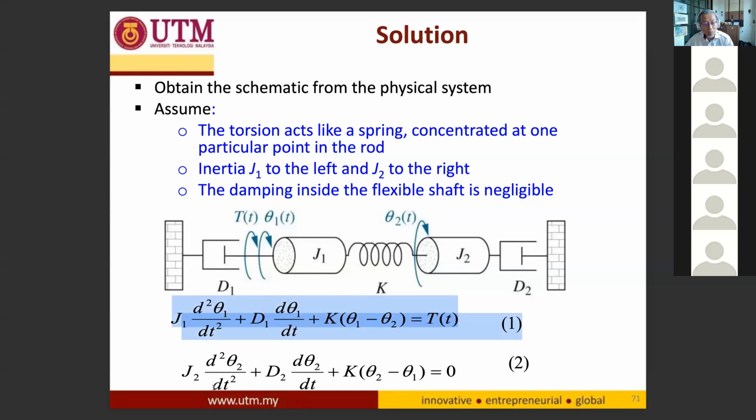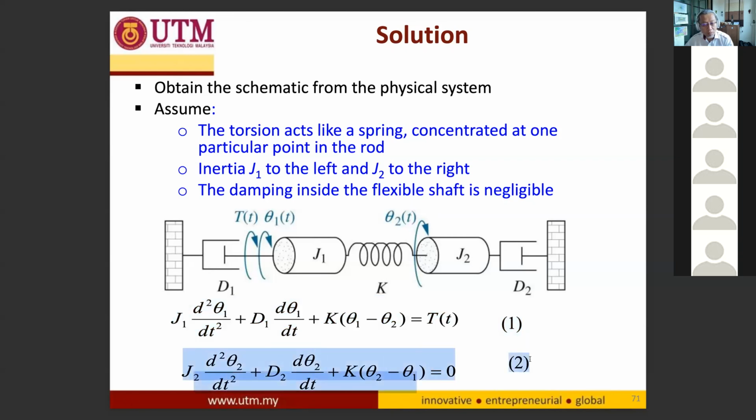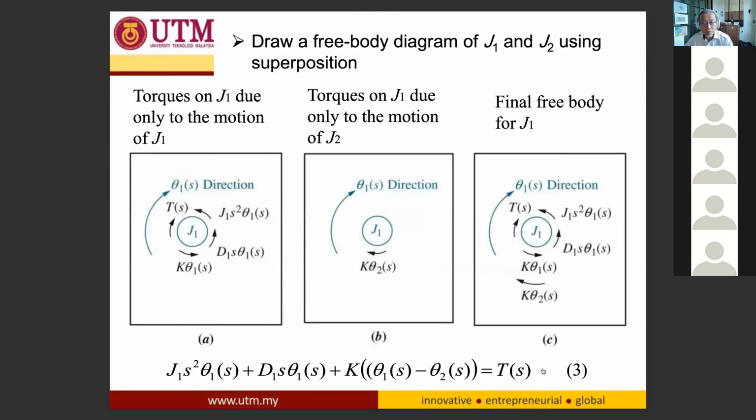Equation 1 is J1 θ1 double dot plus D1 θ1 dot plus K(θ1 minus θ2) equal to torque T. Then equation 2 is J2 θ2 double dot plus D2 θ2 dot plus K(θ2 minus θ1) equal to 0. All this comes from a free body diagram, which is shown here.